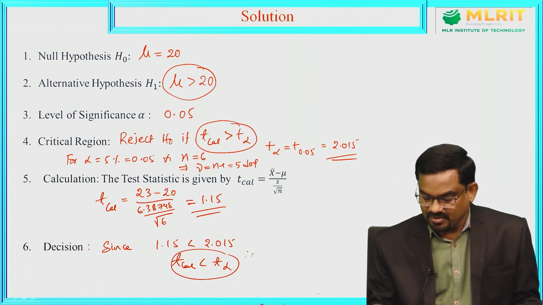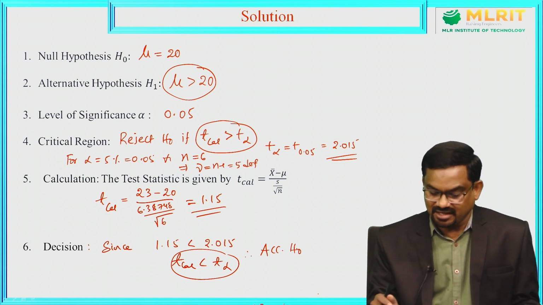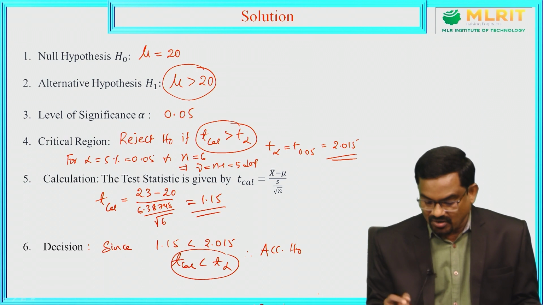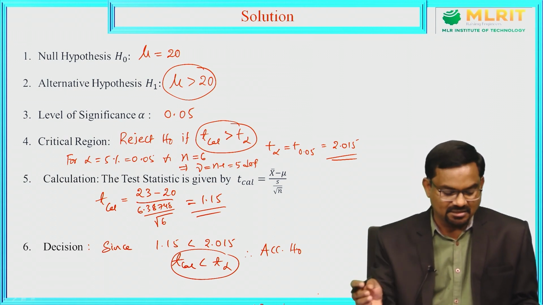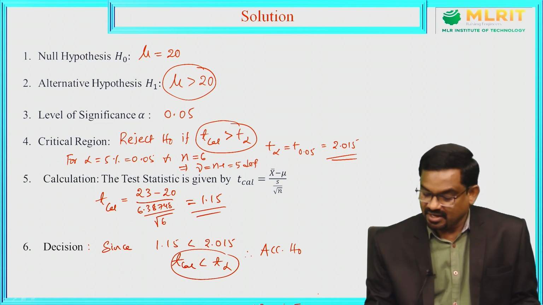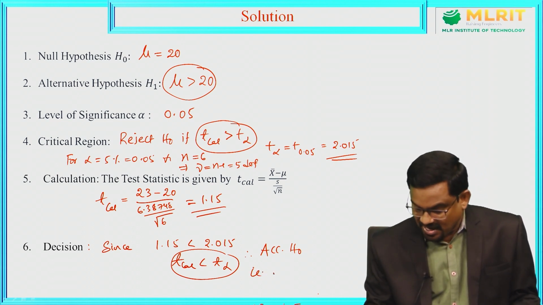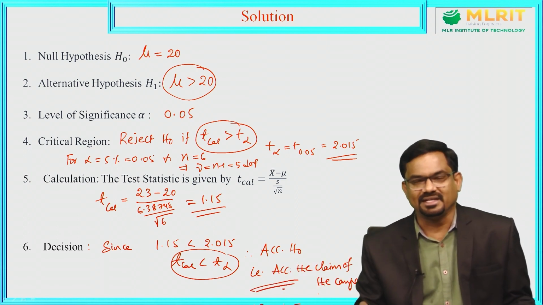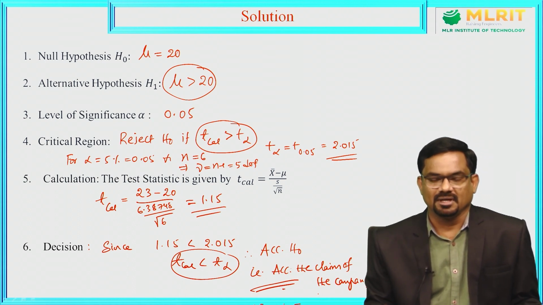Therefore, accept the null hypothesis. If our calculated value is more than the tabular value, we can reject the null hypothesis, but what we have obtained here is that the calculated value is less than the tabular value. Hence, accept the null hypothesis, that is, accept the claim of the company. Hence, on an average it takes 20 minutes. We are accepting the company's claim.